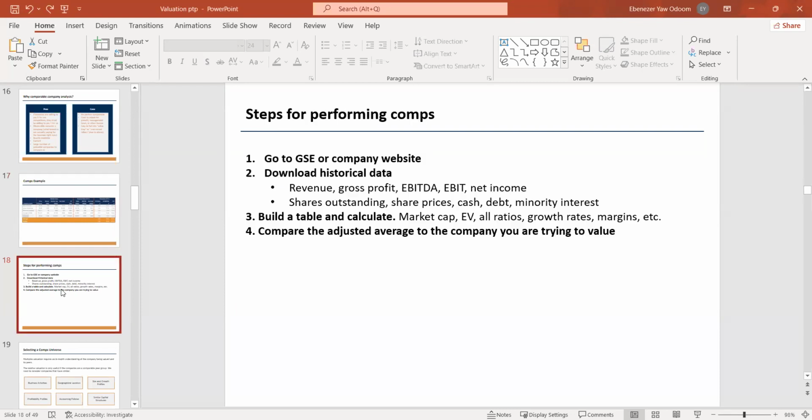You do the computations. And then at the end of the day, by finding the averages, you are able to compare whether the company's multiple is above average or below average and all of that. So that's a comp schedule ready for your valuation. That's what I expect that after this session you go and do. So let's go and build a comp schedule for valuation before we meet in the next session.